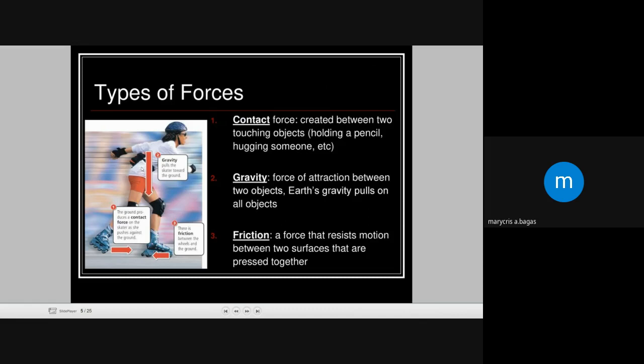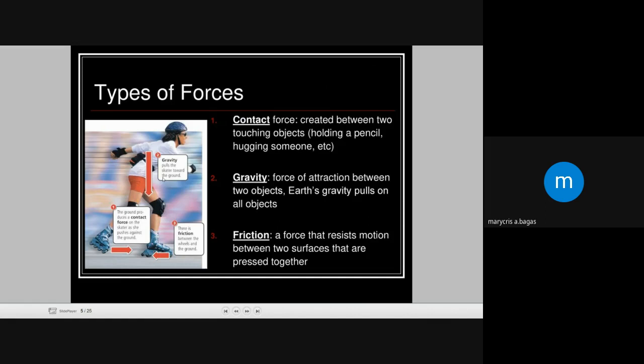Okay, look at this picture. As you can see, number one, the ground produces a contact force on the skater as she pushes against the ground. Number two, gravitational force or gravity pulls the skater towards the ground, right?